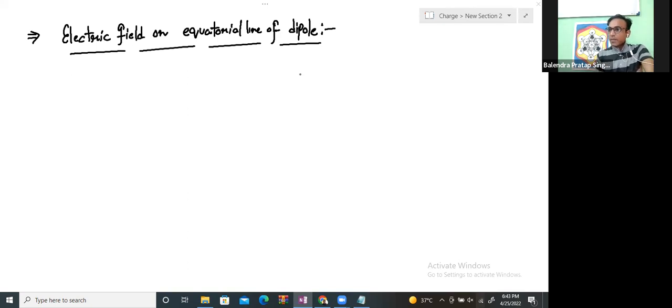Okay, so back to our derivation: the electric field on the equatorial line of a dipole. First I'm drawing a dipole. Consider a charge minus q, and another charge plus q.